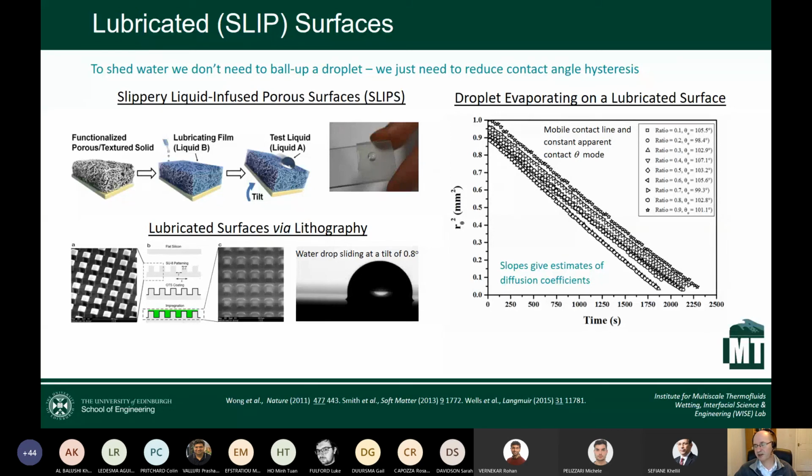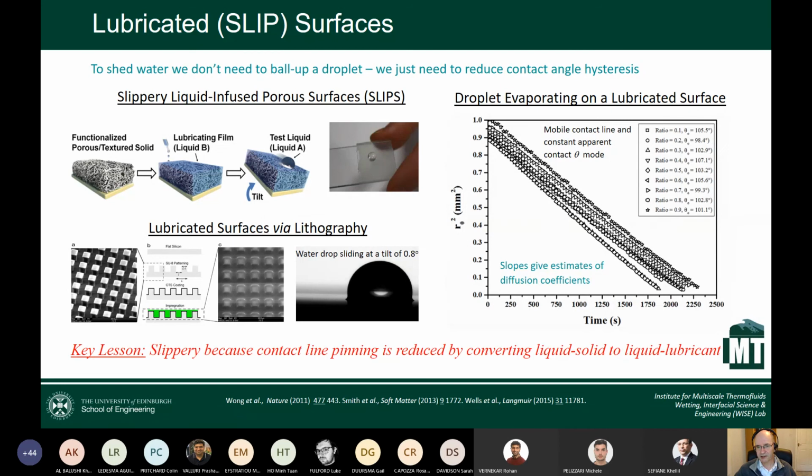So you have a steady change of the contact area with time as evaporation happens, and that's a perfect example of constant contact angle evaporation. And that's a slippery surface because the contact line pinning is reduced because you've converted the solid liquid interaction, that interface, you've replaced by a liquid lubricant interface and interaction.